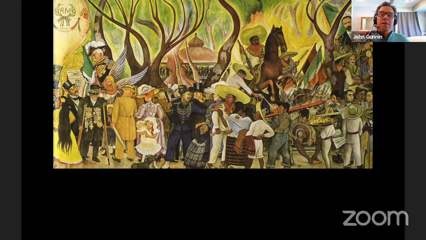And if you see the man on the horse with the sombrero, that's Emiliano Zapata, one of the Mexican revolutionaries. So yes, it's a work of politics, and it's a work about social injustice, but at the same time, it's a dream, and it's all mixed up.